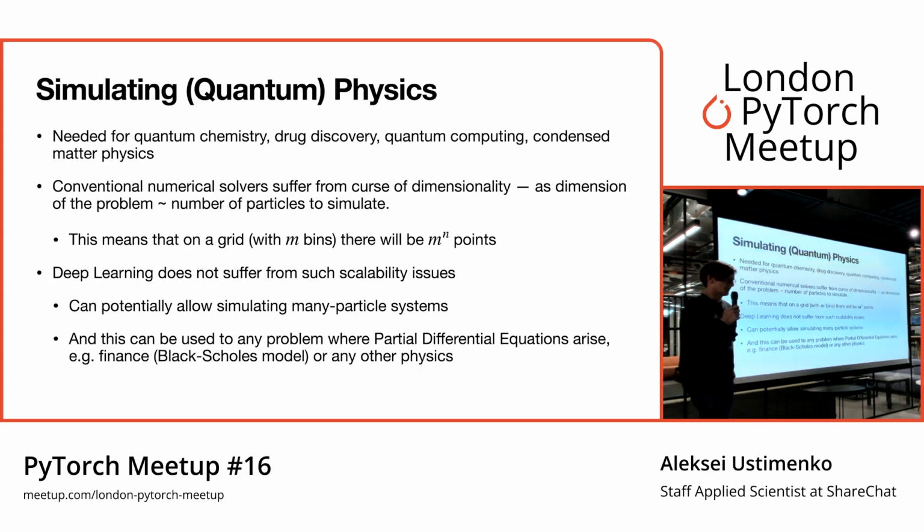So why do we need to simulate physics, and especially quantum physics? It has many practical applications where it is actually crucial. We need to do it for drug discovery. We need to do it for simulating quantum computers on classical computers.